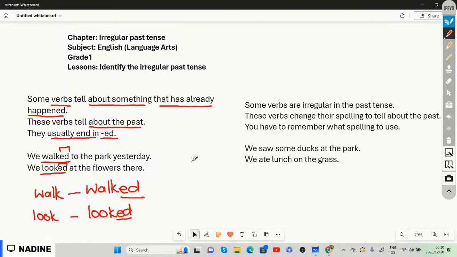You can even say, if we look at the word jump, that is the present tense, and the past tense of that specific word is jumped.